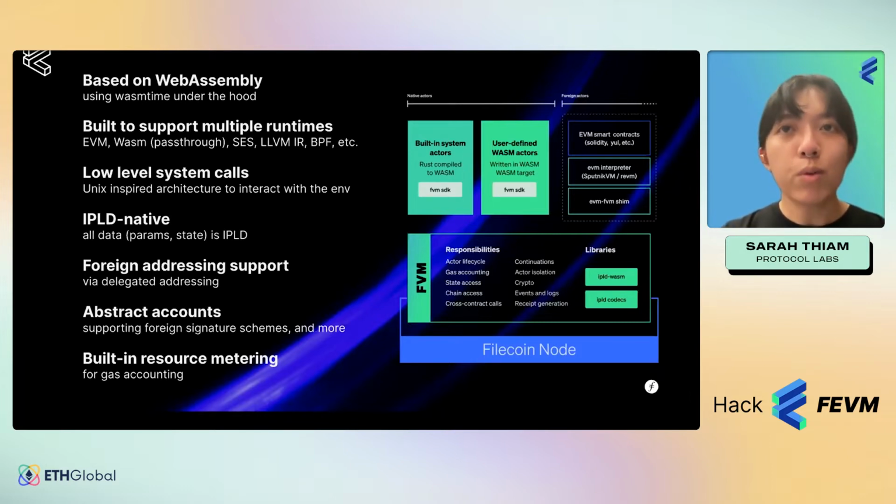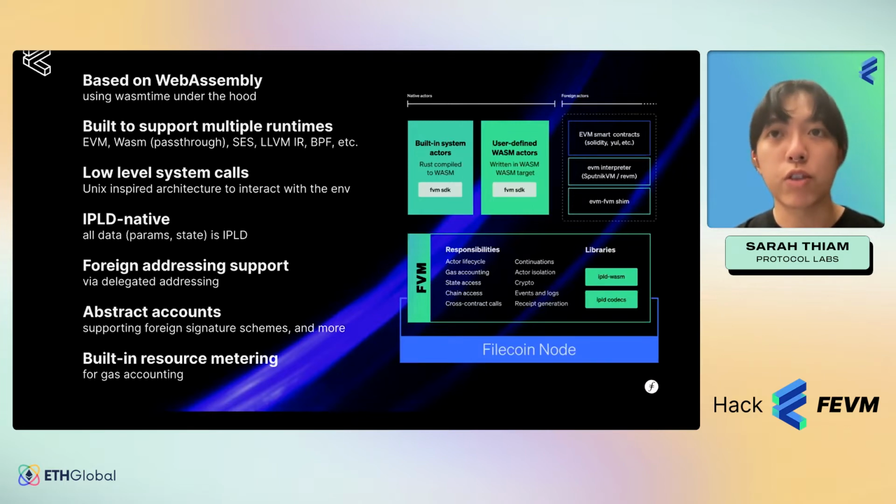We've chosen to make the FVM IPLD native because all data is managed and exchanged through IPLD, which means that all our content is addressed and linked through hashing. That makes it really efficient for building the FVM, or for devs like yourself to build on top of it, because it makes it really easy to snap Merkle tree data structures for historical state checks, for example. And so this allows you to build much more efficiently.